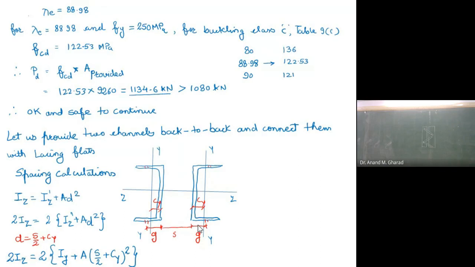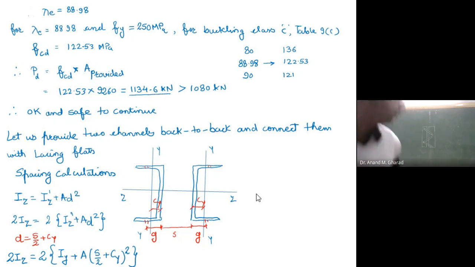And remember, the distance from this point to this point, what is this point known as of a channel section? क्या कहते हैं इसको? इसको टो कहते हैं या हील कहते हैं? Heel, है ना? The distance between heel to heel, that is your spacing, that you should remember.